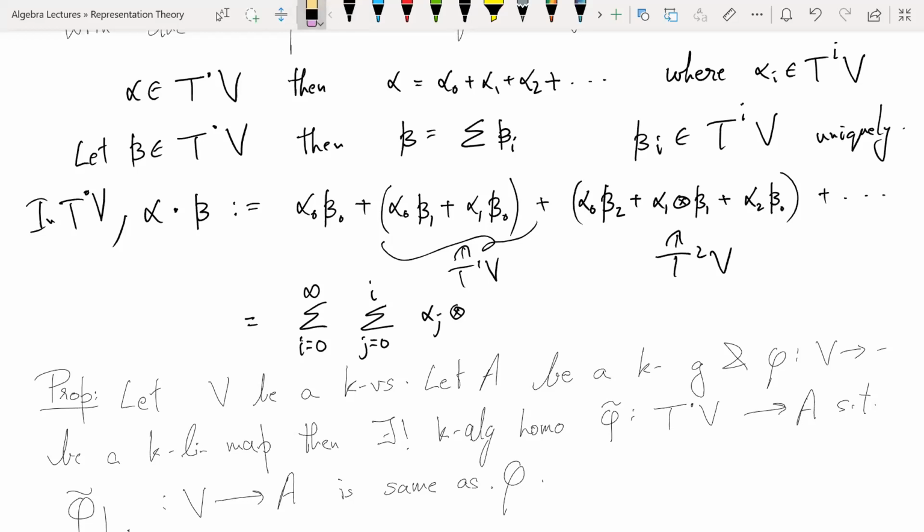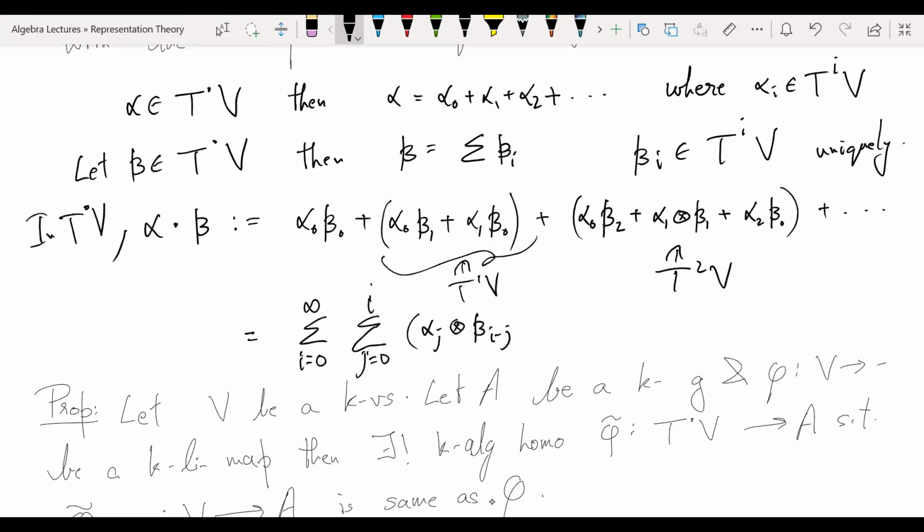This is a sum, not a product. There are two terms. So that will lie in TIV.